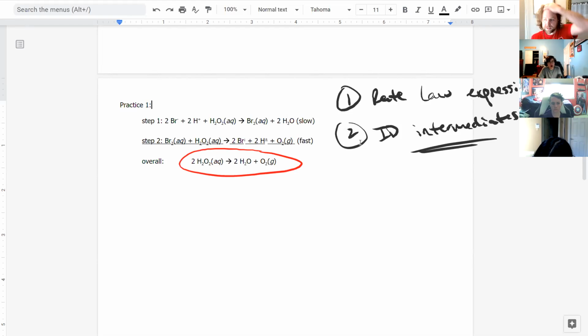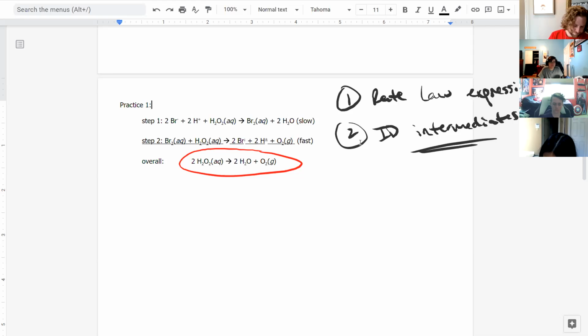When you do cross canceling, it should add up to equal the overall reaction. This is very similar to one that I showed you as a demo. This was the elephant toothpaste reaction. My catalyst was different. I didn't use bromine, I used iodine, but essentially it does the same thing or similar.